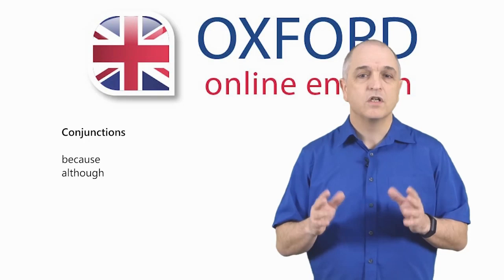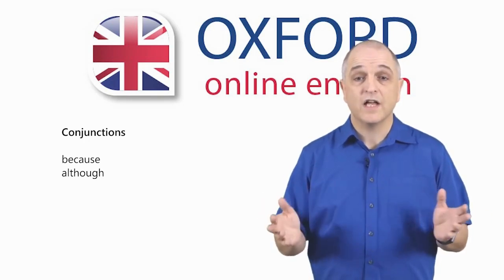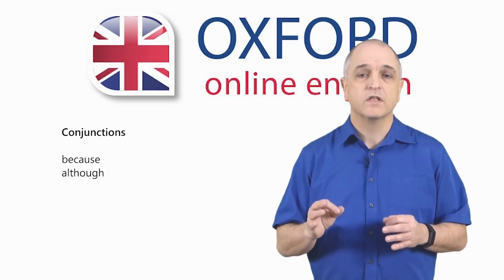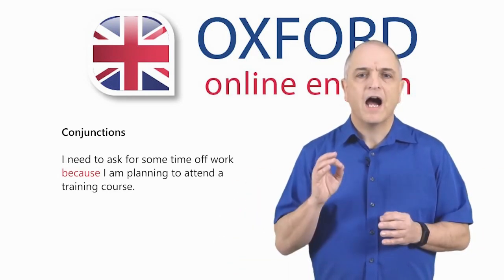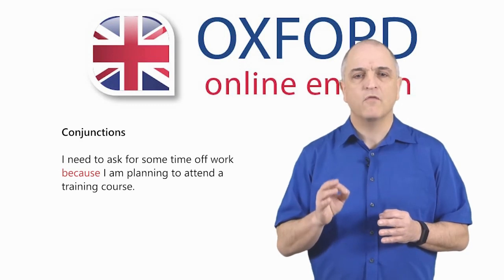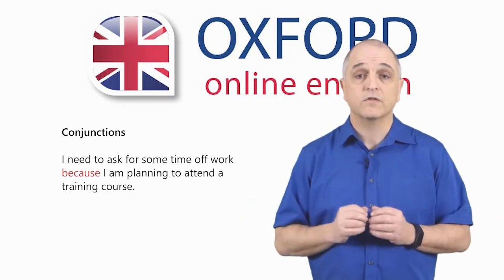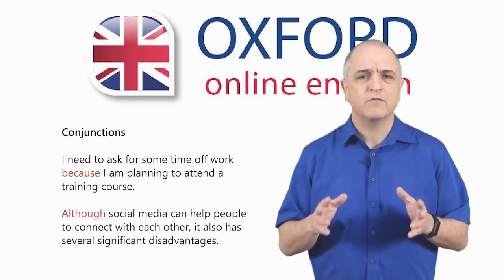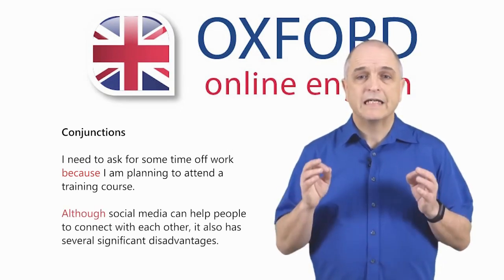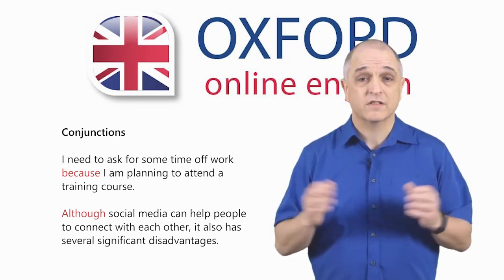After these words, you add a clause. Then you need another independent clause to complete the sentence. For example, I need to ask for some time off work because I am planning to attend a training course. Although social media can help people to connect with each other, it also has several significant disadvantages.